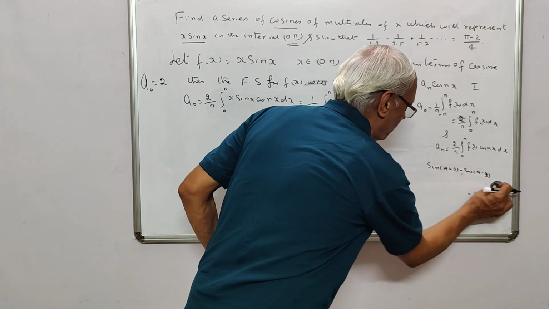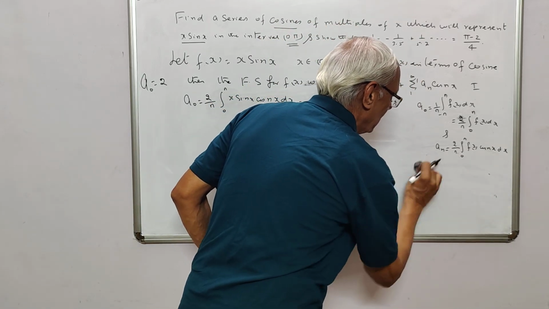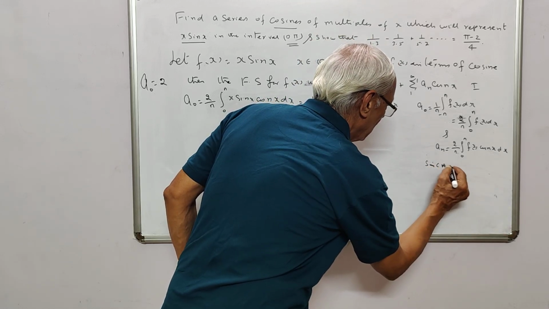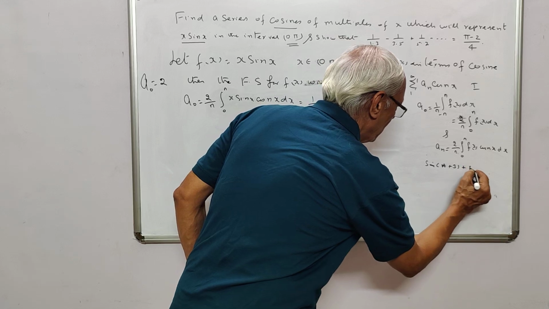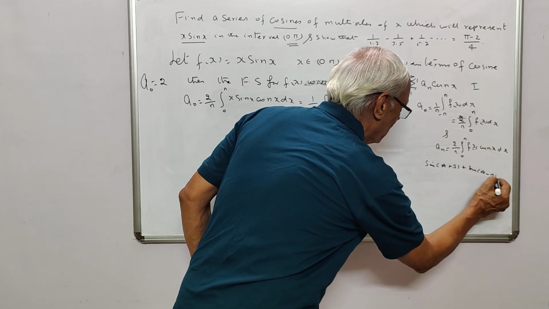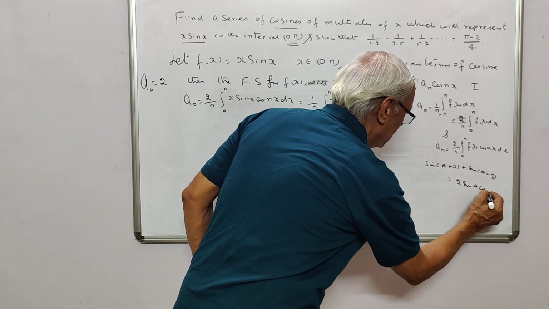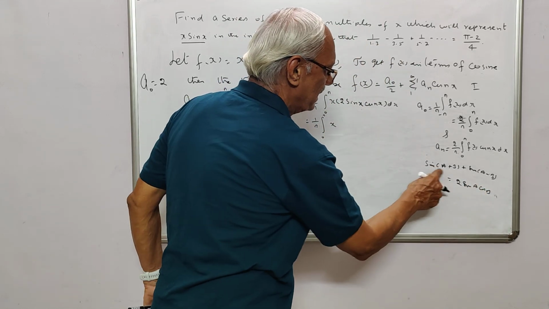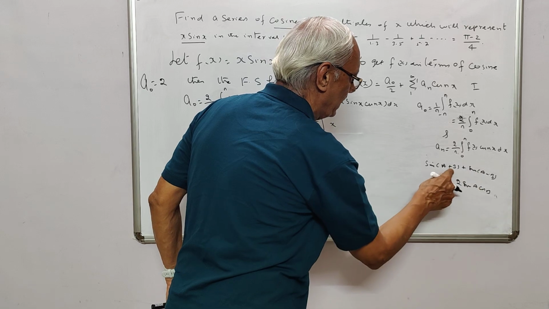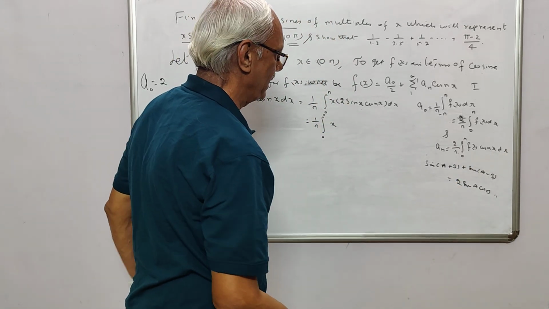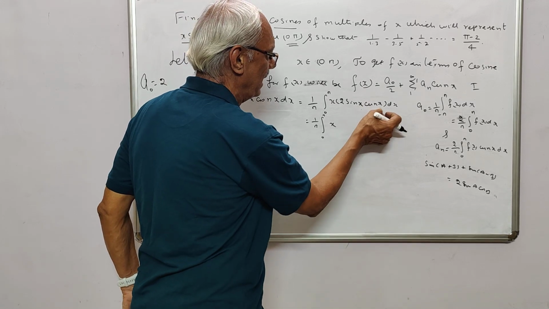I can write that also, no problem. Because this is sin a cos b, this is sin a cos b, plus and minus will go off, giving you 2 sin a cos b. Nothing wrong in that. So you take this as a and this as b.